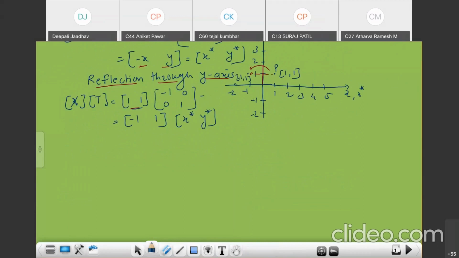We'll take another example. Take the point (1, 1) as it is. Instead of a equal to -1, now here we make d equal to -1. Here a is equal to 1, and now d is equal to -1. So what is our result here?